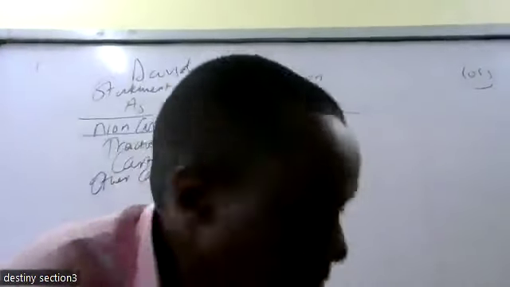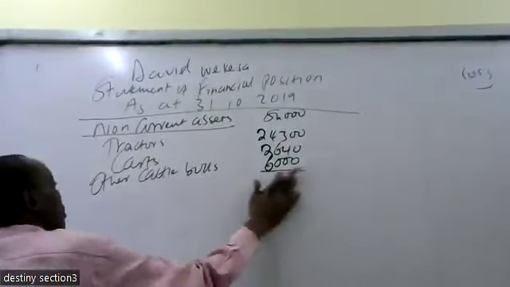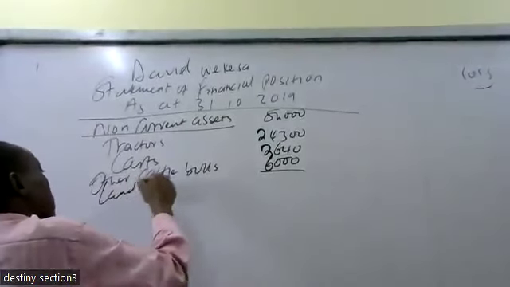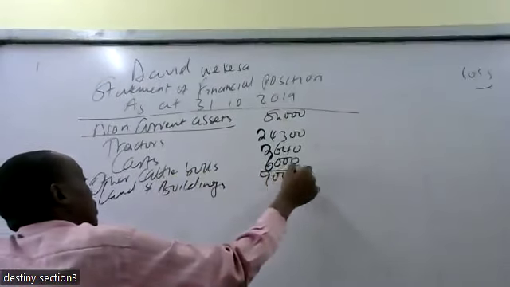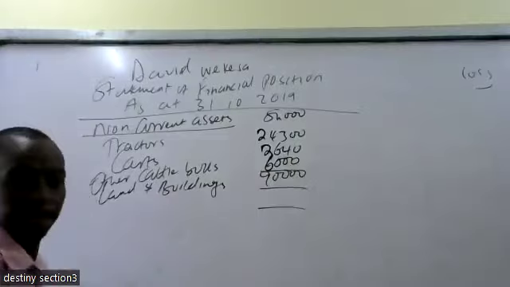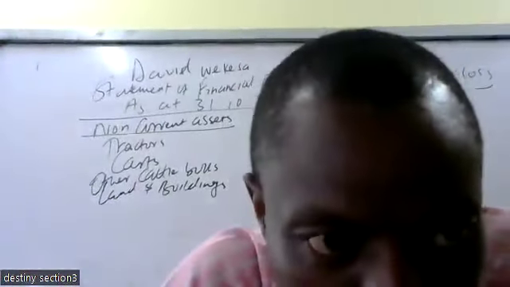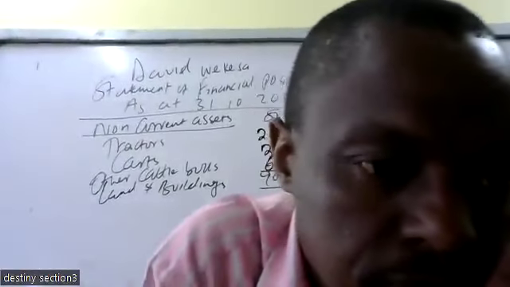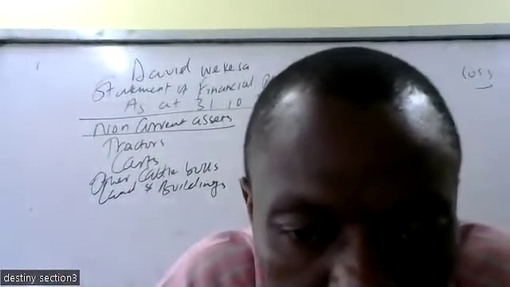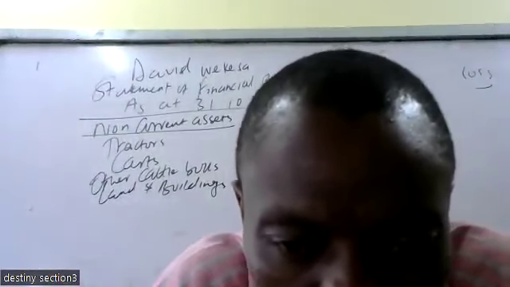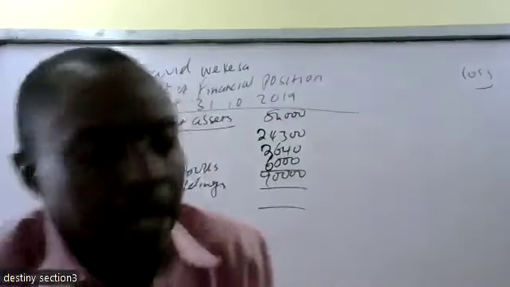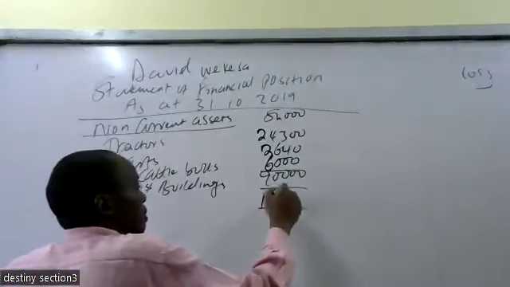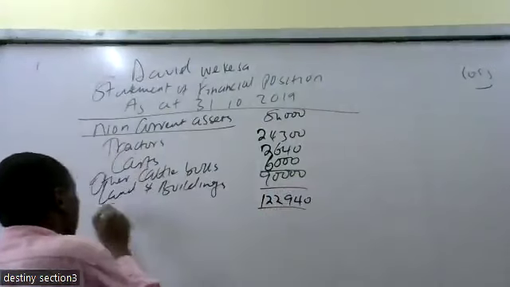Okay, there's land and building, sorry, I had forgotten it. 90,000. Okay, total $122,940. Current assets.